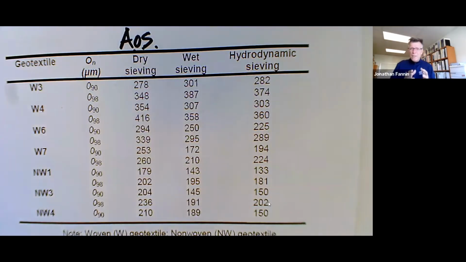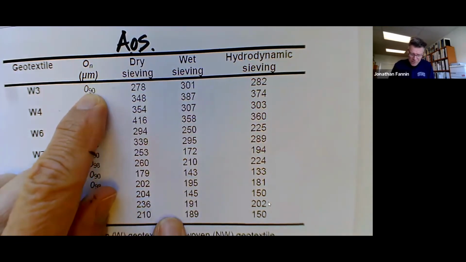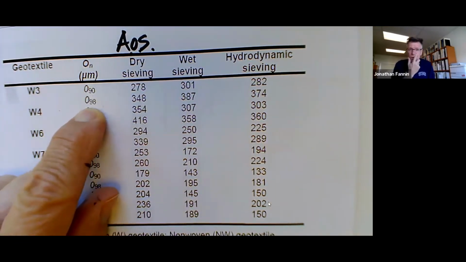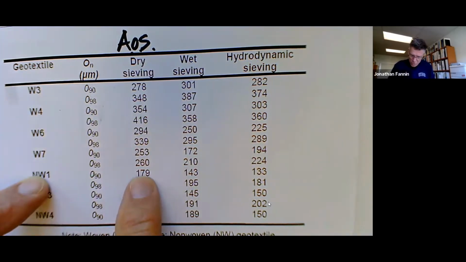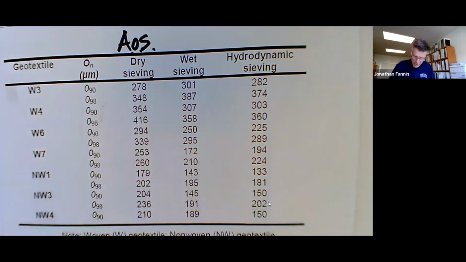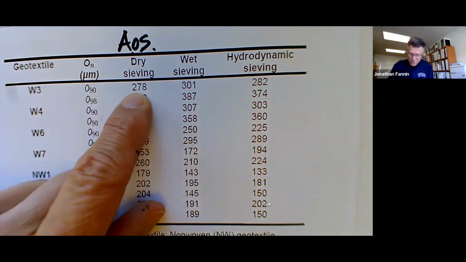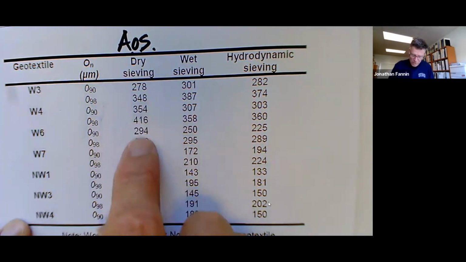For example, I think the British standard, and there may be others, I don't carry it from the top of my head, but a number of countries have a dry sieving method. And here, for example, reporting O90 or O98 for different woven and non-woven geotextiles. Notice the woven geotextiles having slightly larger opening sizes. The units are microns, so about 0.2, 0.3 of a millimeter.